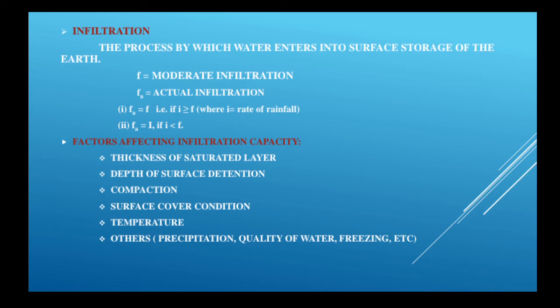So the infiltration water first meets the soil moisture, and thereafter the excess water will move vertically downwards to reach the groundwater. For example, let this be the earth surface, and let the rainfall fall from the atmosphere.